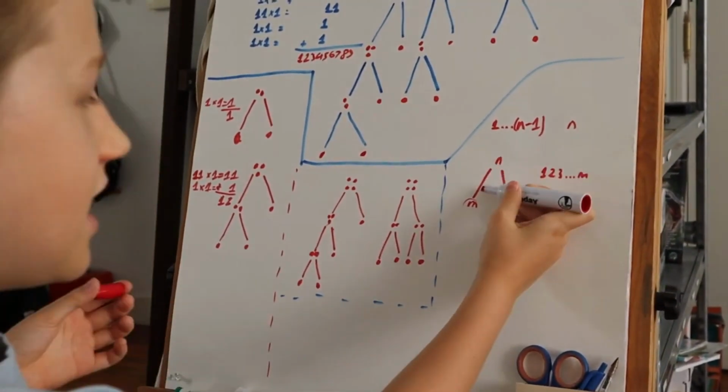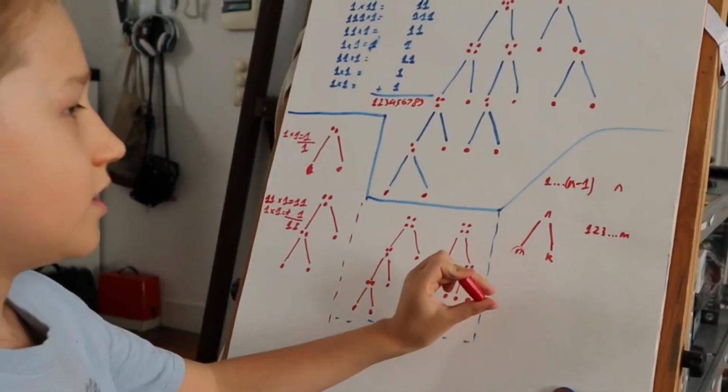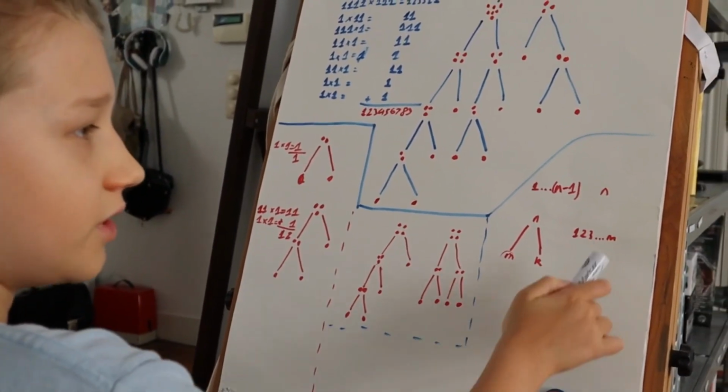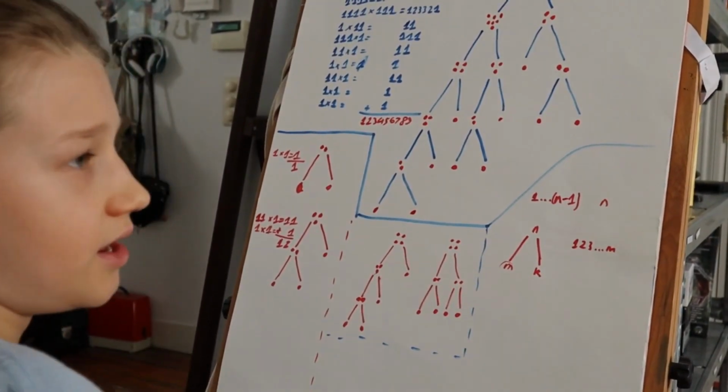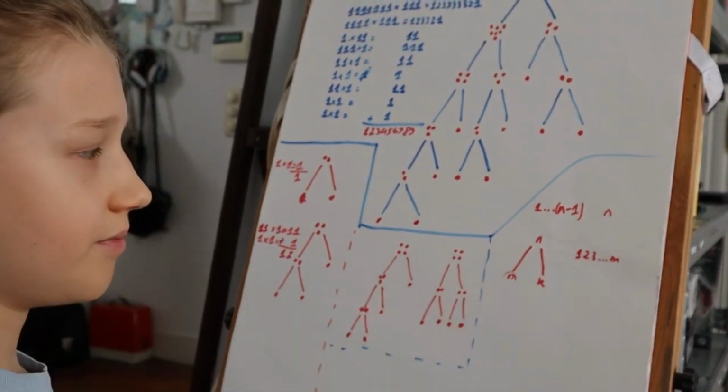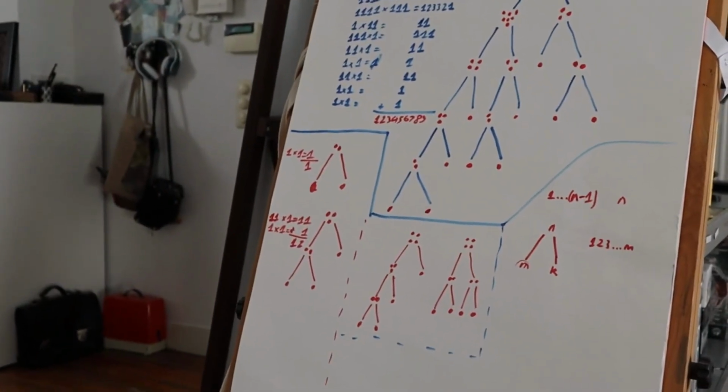I split n up into m and k, and then m we're going to split up further, and m automatically contributes 1, 2, 3 up to m, because we know m is a smaller number. We're assuming n is the smallest number we don't know it's true for.